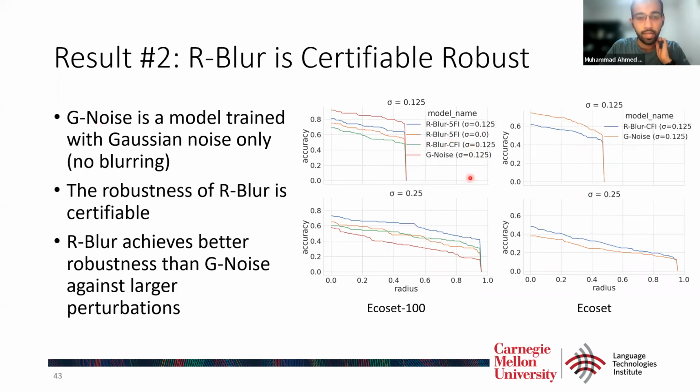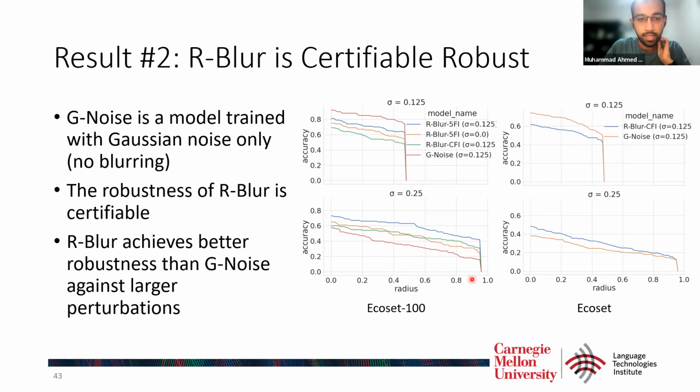Secondly, we find that at larger radii, this over here corresponds to a radius, or L2 norm, of 0.5. At a norm of 0.5, the G noise model has a higher certifiable robustness than the R blur model, which is the blue line.